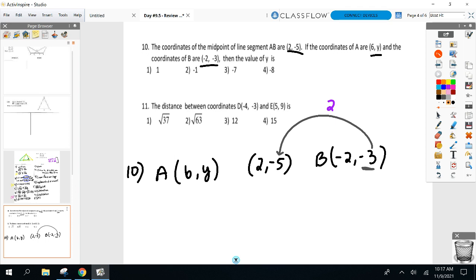Where did I go? Did I go up or down? -3 to -5. I went down 2, right?